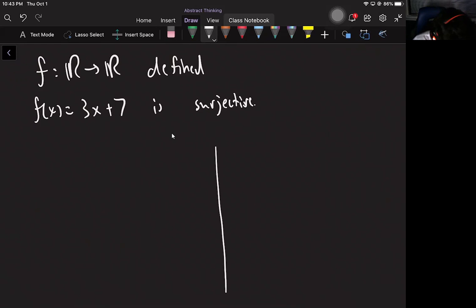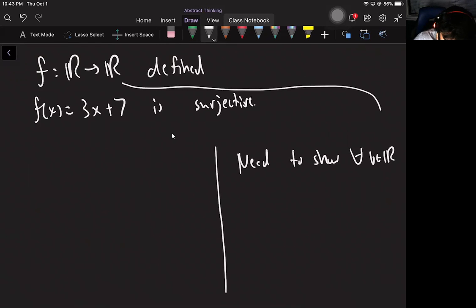So over here, I'll write what we're going to do. Need to show for any b in R, and now I'm talking about the second R because I'm talking about the codomain, that there's a way to map to it from the domain. So now this R is that one.